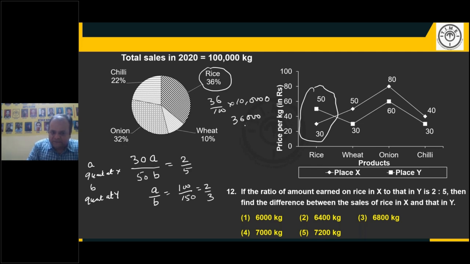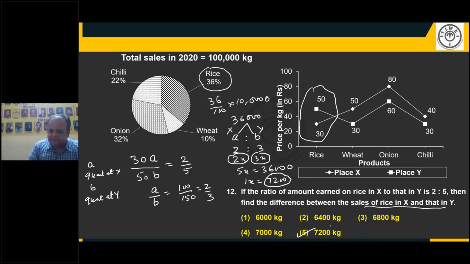If 36,000 is the total rice and the quantity ratio A to B is 2:3, this is at X, this is at Y. So to find the difference, we can very well say if this is 2x, this is 3x, then 5x is equal to 36,000, or 1x is equal to 7,200. And this is the answer that we need, because the difference of 3x and 2x is also 1x. So our answer should be option 5. The difference between the sales of rice in X and Y should be 7,200.